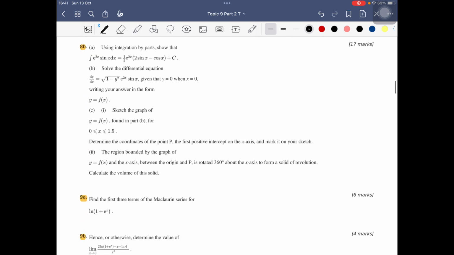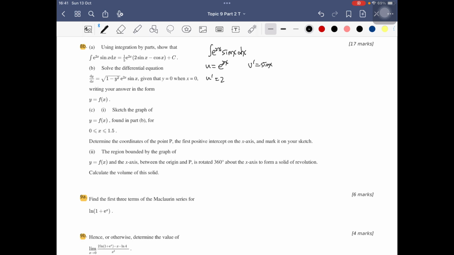And 8b, integrating by parts. This is quite an annoying question whenever we face it, because it doesn't show us the exact solution while we're solving, so we need to rearrange it. u equals e to the power of 2x, v prime equals sine x. Is it correct? Yep.